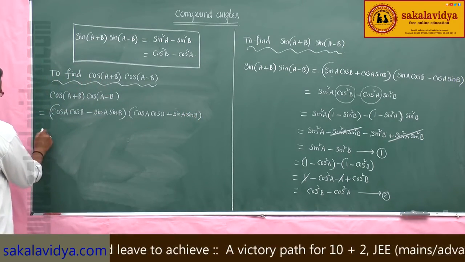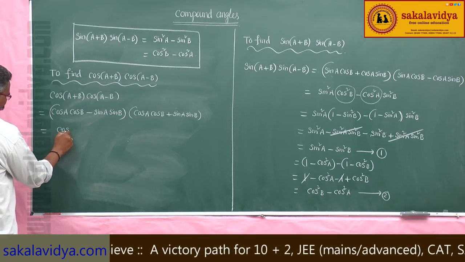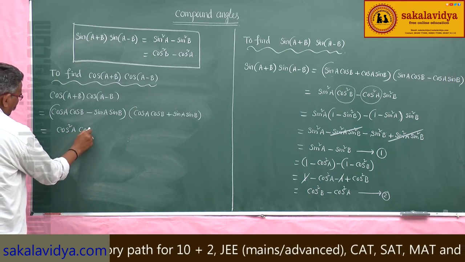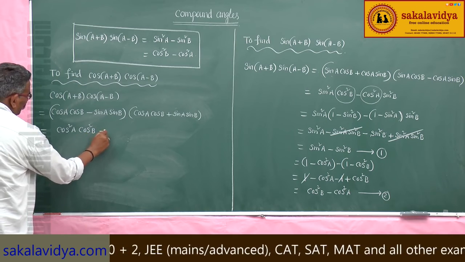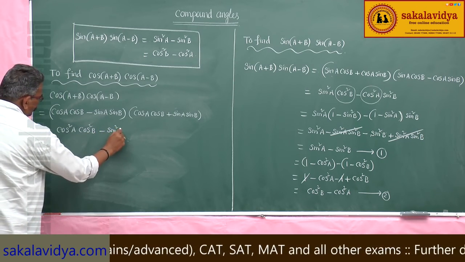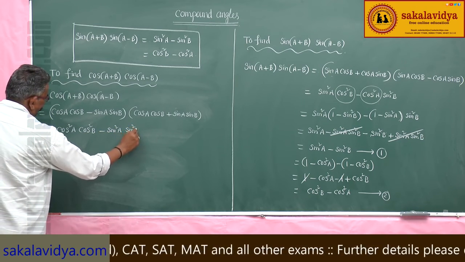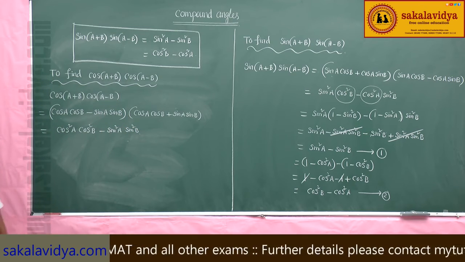Now this we can write as cos square A cos square B minus sin square A sin square B. Okay.